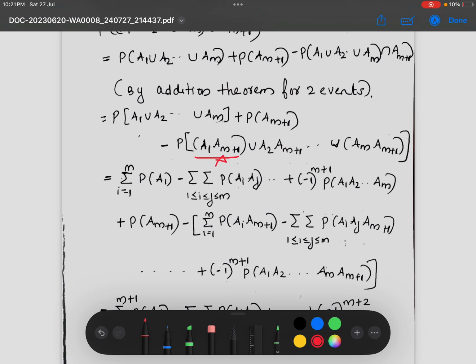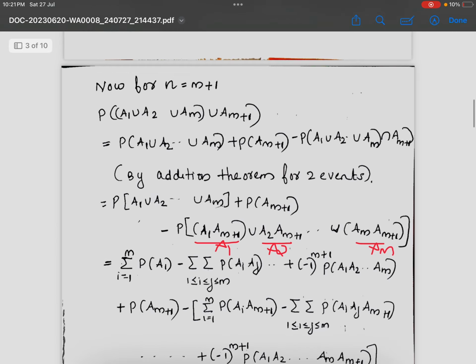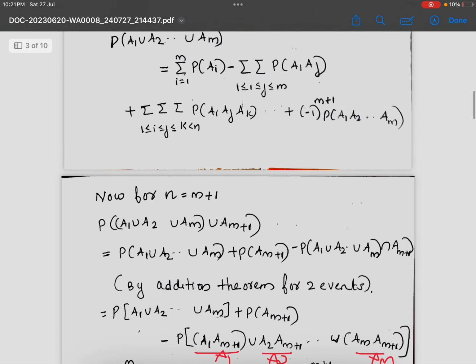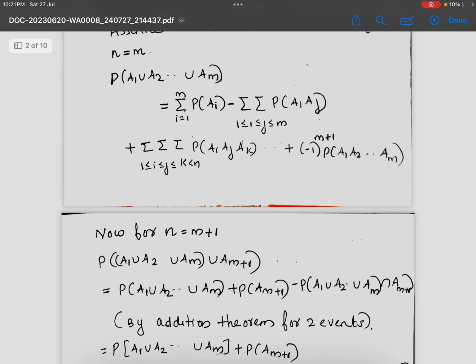This A1, this A2, etc. A m, that is P of A1 union A2 union etc. union A m, and we write like this: summation i equals 1 to m, P of A i, like this we can write.